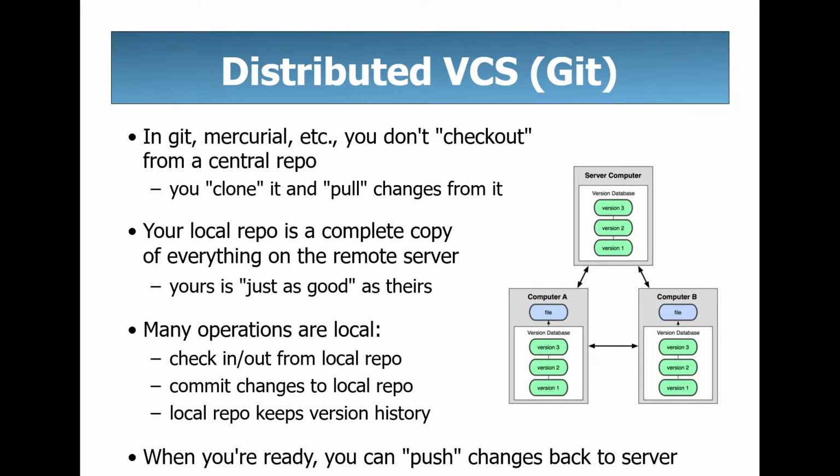Offline capability. Users can perform almost all operations, such as viewing history, creating branches, and making commits, offline. Changes can be synchronized with others when they are reconnected.